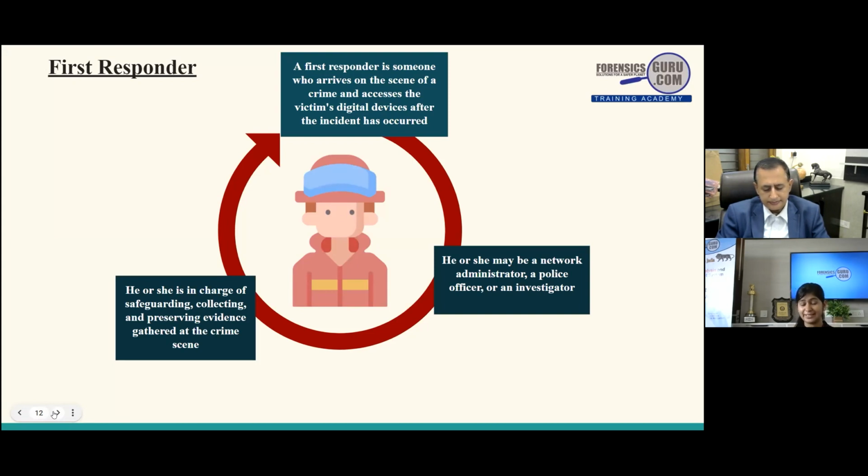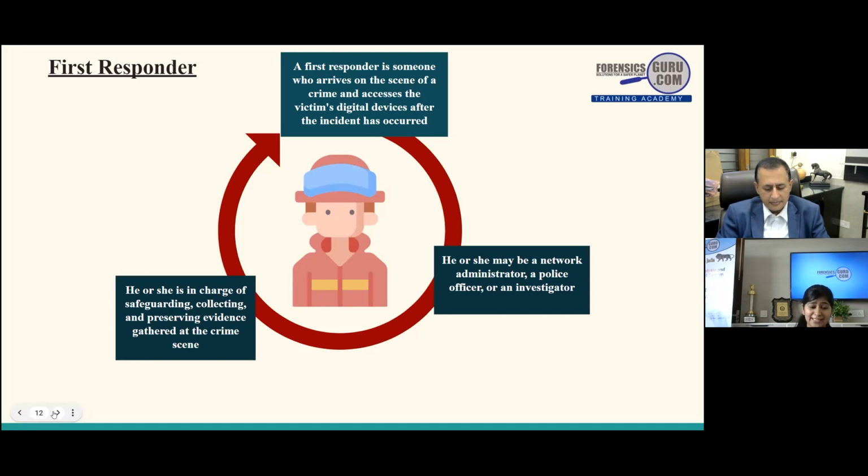So these 4 categories are there. And from these 4 categories, one or two people go to the crime scene or incident location working as a first responder. If I talk about the 4th person, the forensic scientist or forensic investigator, that person should have extensive knowledge and experience in dealing with crime scenes as well as expertise in all forms of evidence handling, just to ensure that the evidence is not tampered with in any way.